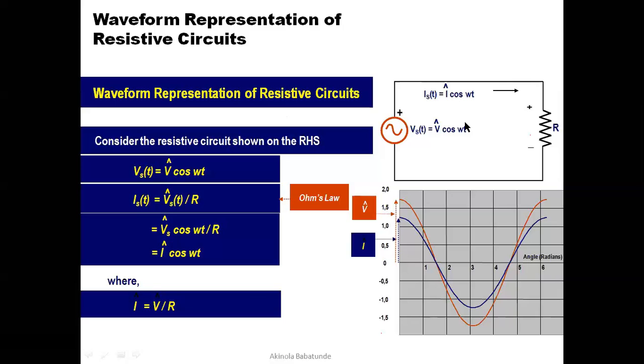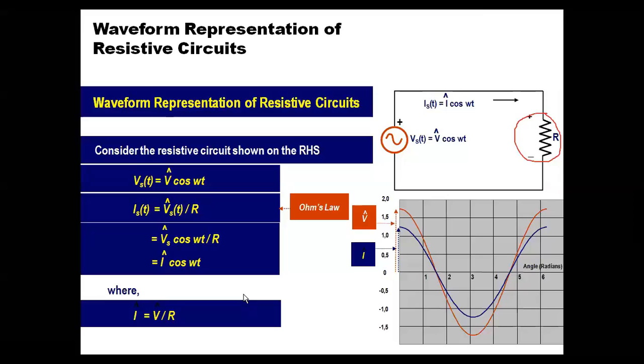So now, waveform representation of resistive circuits. On the right-hand side here, we have a simple resistive circuit. This is the voltage source of our AC signal, and this is the resistance connected to the circuit.